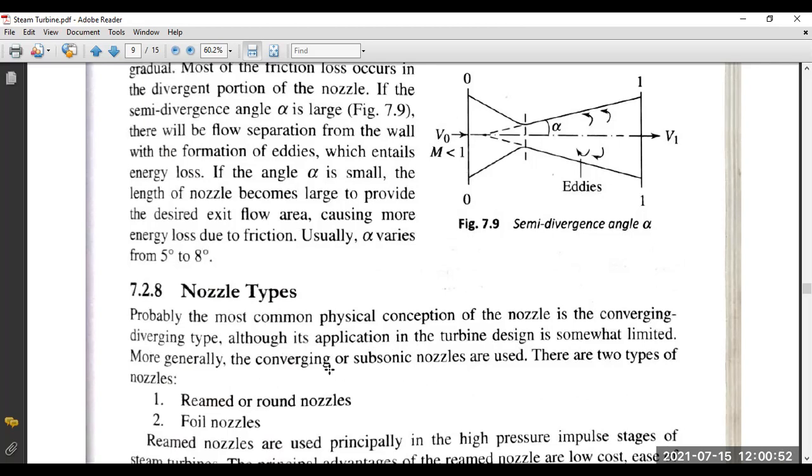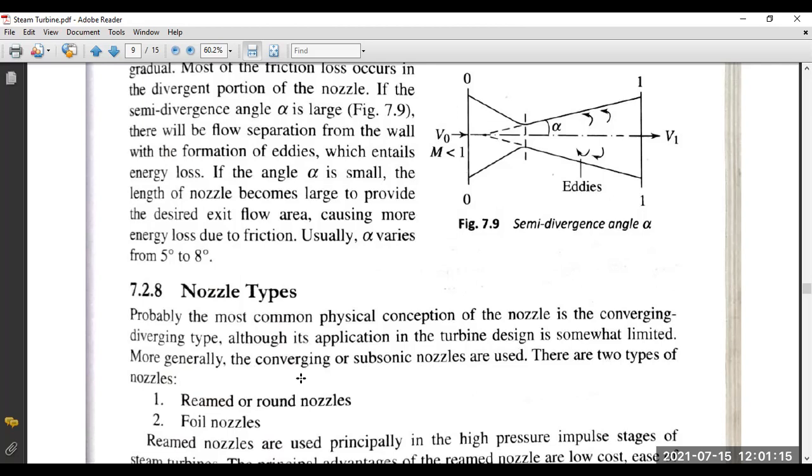Generally, we are free to use only one convergent or only one divergent nozzle, but in a turbine we use mainly the convergent nozzle, and slowly its application is limited in steam turbines. We are using converging or subsonic nozzles.